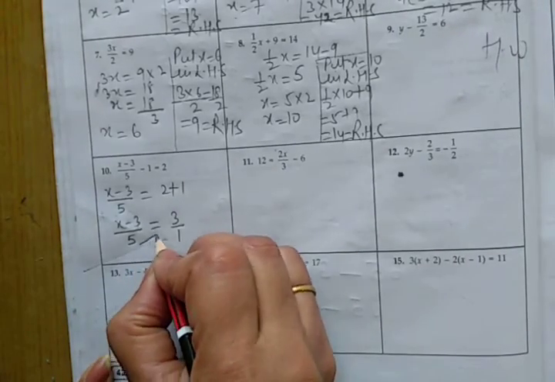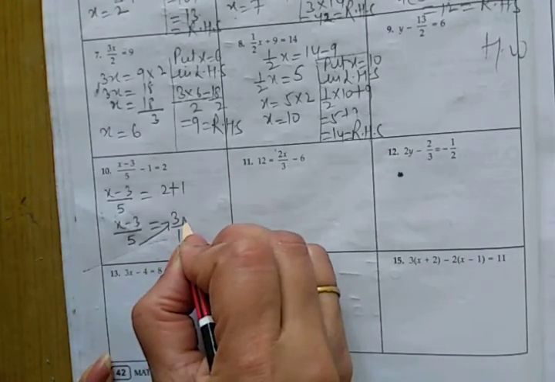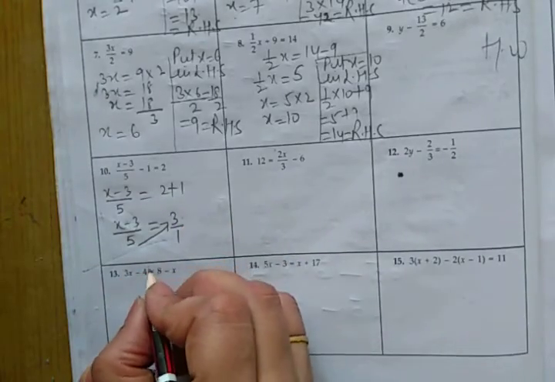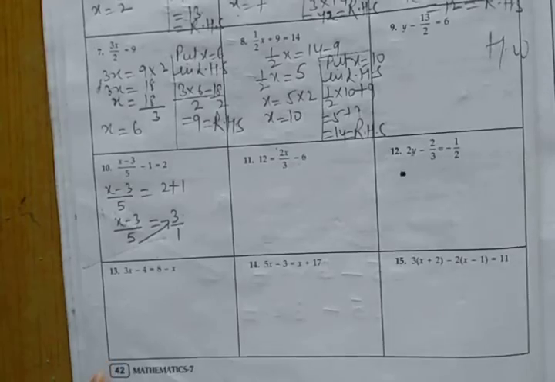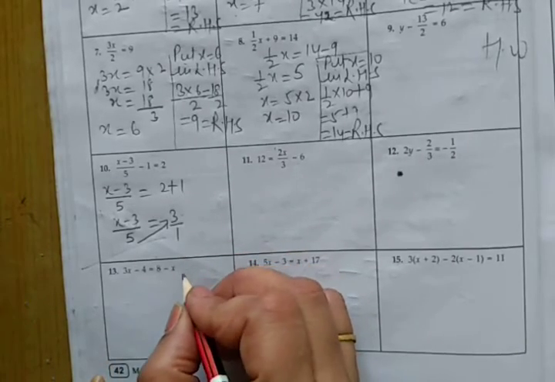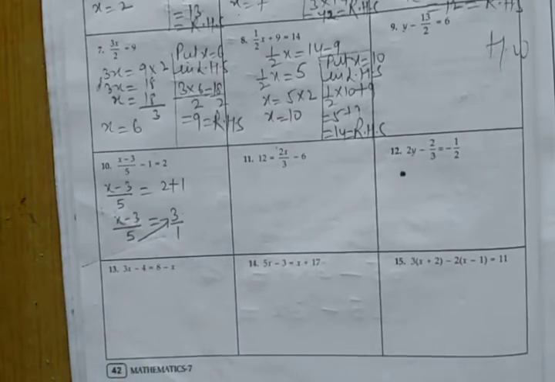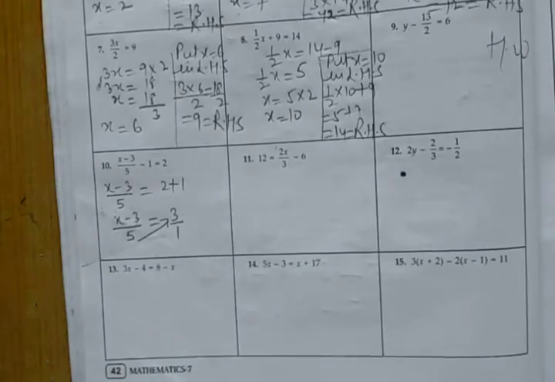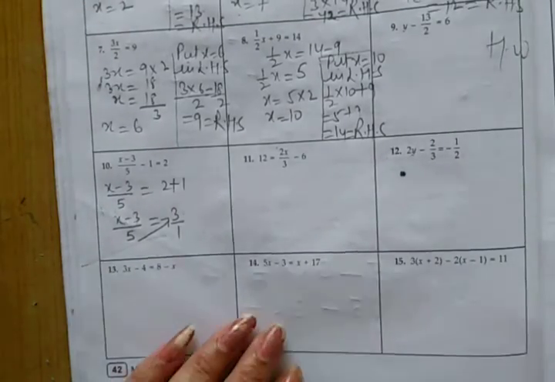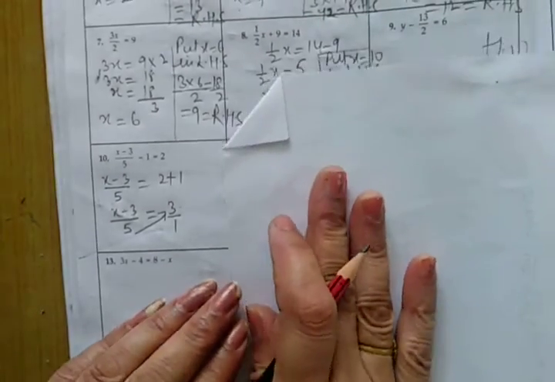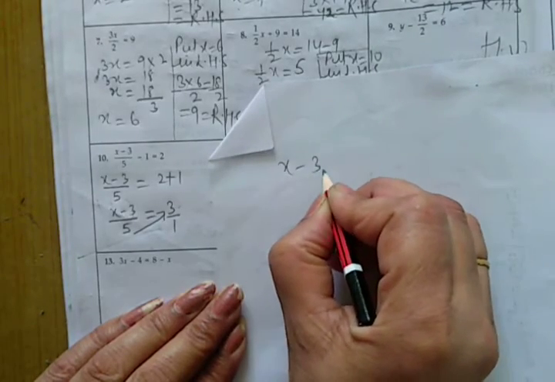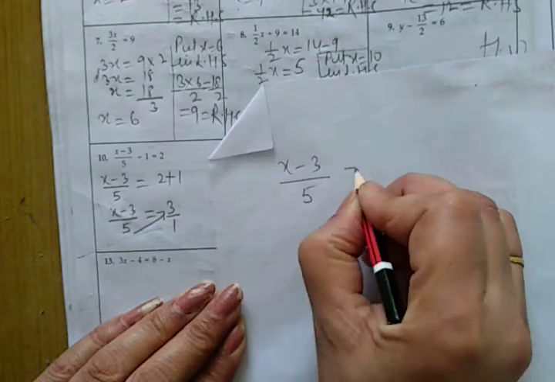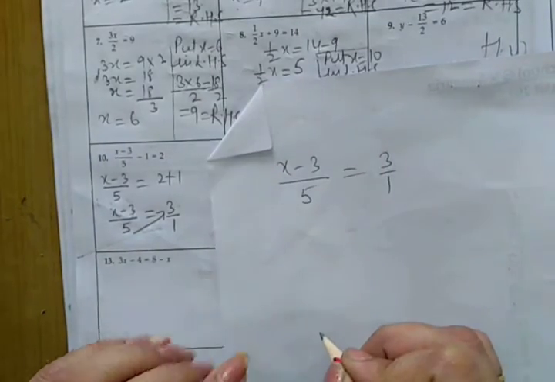So this 5 will be multiplied with 3. Now x minus 3 upon 5 is equal to 3 upon 1.